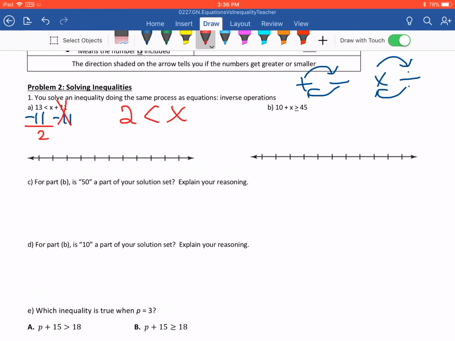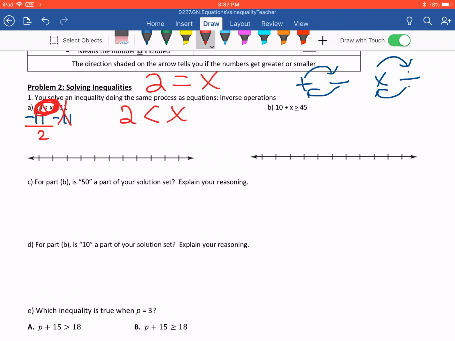The biggest mistake that people make here, the number one mistake that will just kill me inside if I see you do this. Please, I do not want to die inside. Don't do this. People will say, okay, 2 is equal to x. That is not what that sign says. Please do not do 2 equals x. You keep the same symbol.